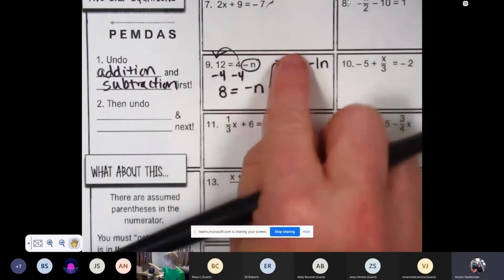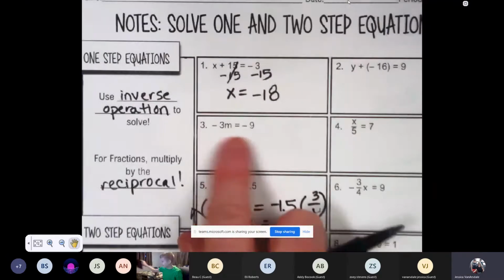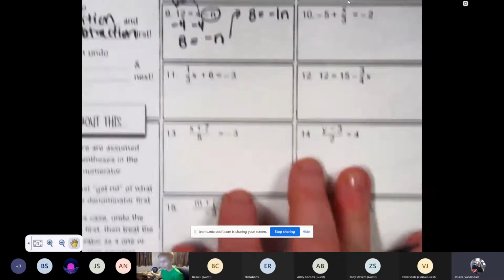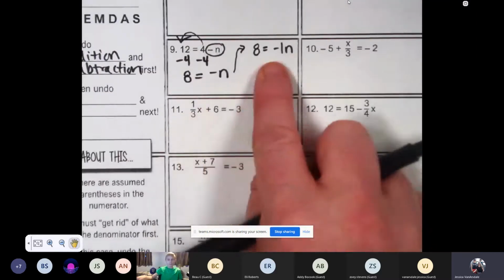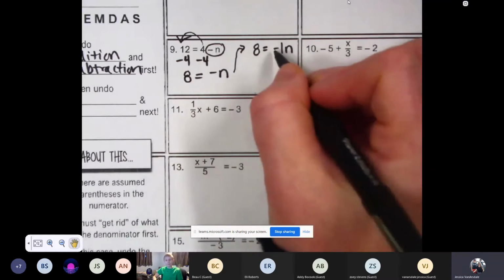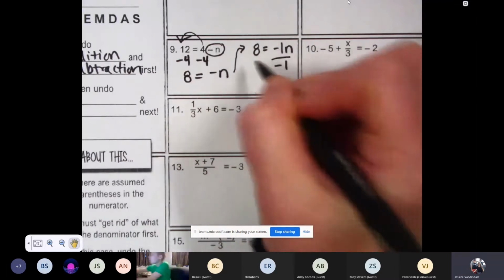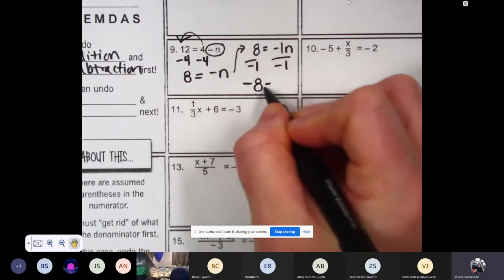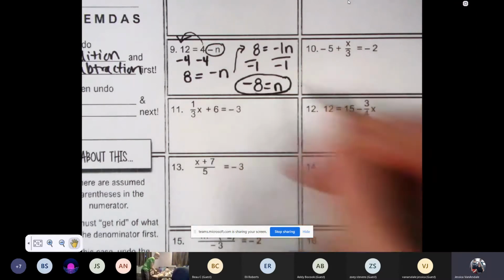So if you go back up here, if you had this problem, you would divide both sides by negative 3. On this one, we're just going to do the same thing. You're going to divide by the coefficient. The coefficient in this problem is negative 1. This one's kind of weird. So negative 8 equals n. So your answer to that one is negative 8.